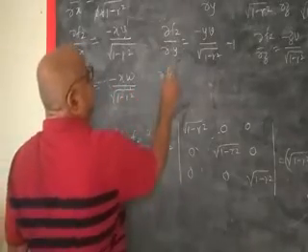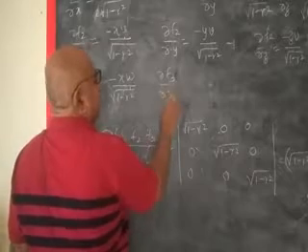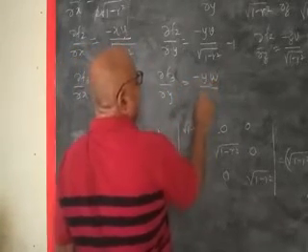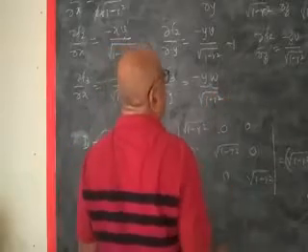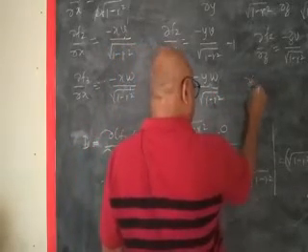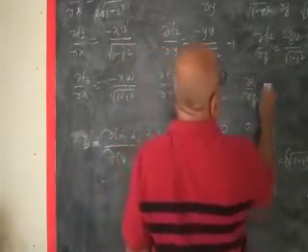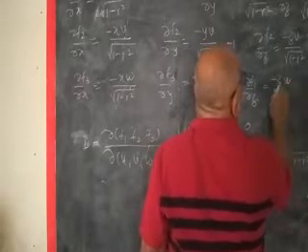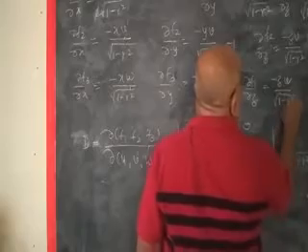Dou f3 by dou y is equal to minus yw by root of 1 minus r square, and dou f3 by dou z equal to minus zw by root of 1 minus r square minus 1.